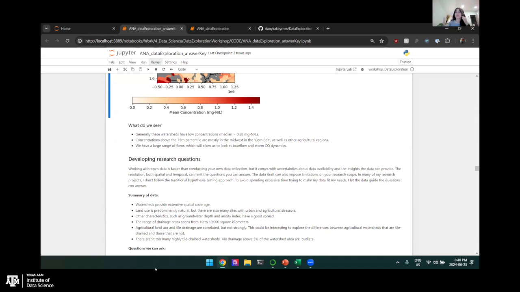We have other variables, groundwater depth, aridity index, and they have a good spread. So we're seeing a lot of variability in those two metrics across our watersheds. We have a large range of areas, so we can start answering scale questions. Could be interesting to look at how tile drainage and ag areas differ.